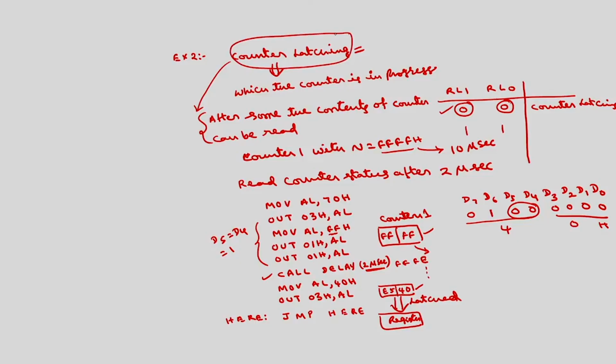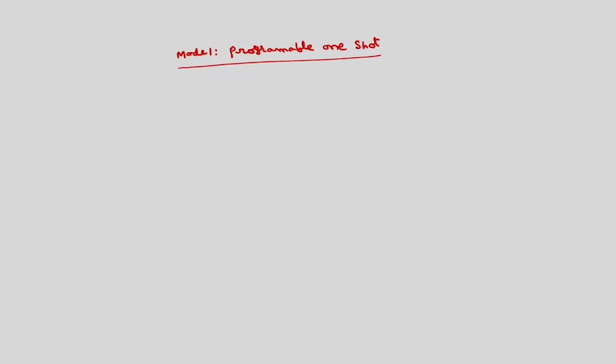So, the next mode is mode 1, called programmable one shot. In mode 1 we have a clock corresponding to any of the counters. This is the same as mode 0.